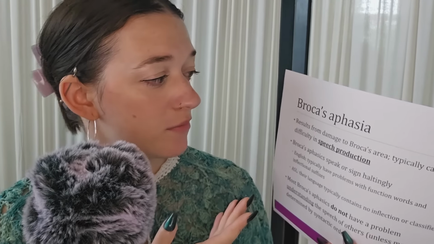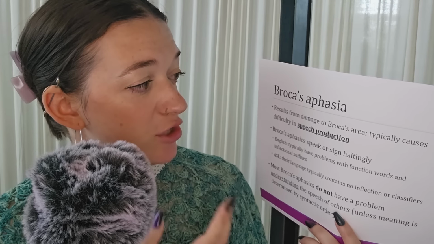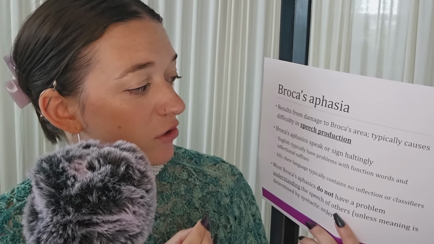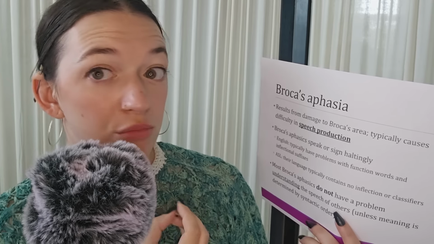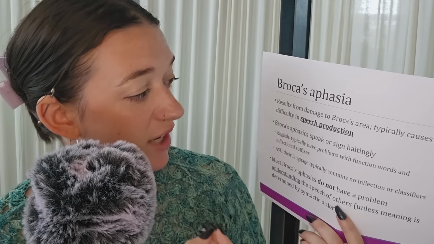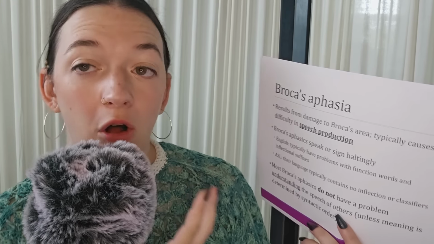And there are several different types of aphasia. One is called Broca's aphasia, which, as you may expect, is the result of damage to the Broca's area and typically causes difficulties in speech production. Those with Broca's aphasia typically speak or sign haltingly.